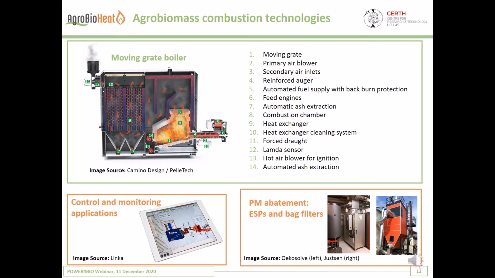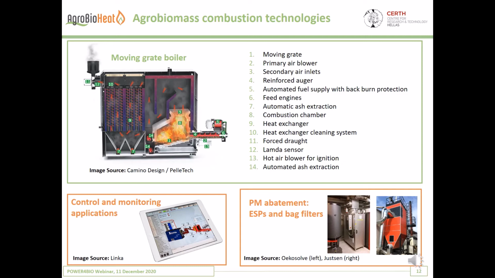You have a system of heat exchangers where the heat transfer between the hot flue gas and the heating medium, which can be water or in some cases even steam, takes place. You have finally the exhaust into the chimney, and you also have the system for the ash extraction, compaction, and so on, which can be automated to a certain extent.